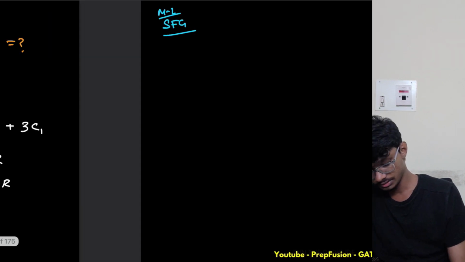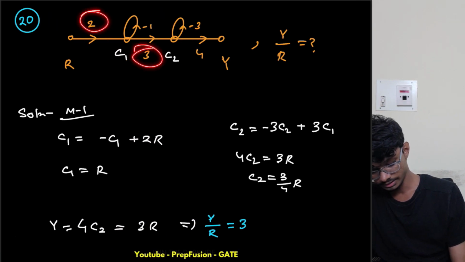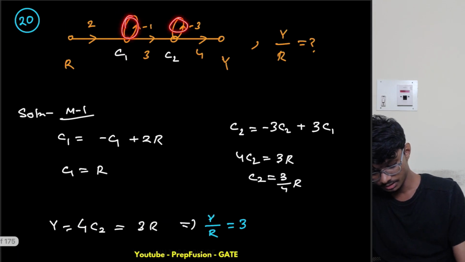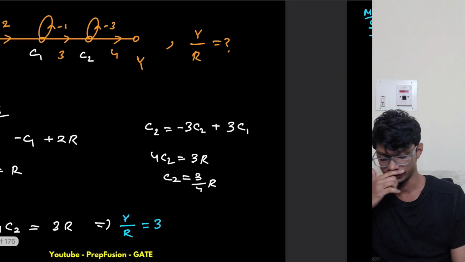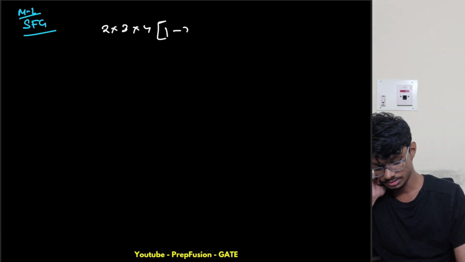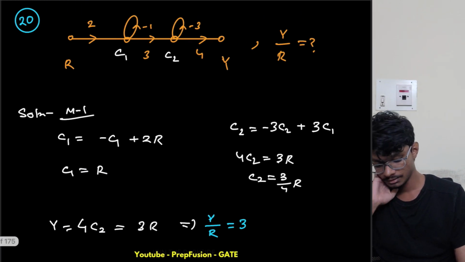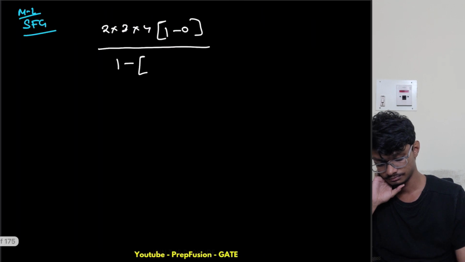So simply multiply these: 2 times 3 times 4. We have 2 loops, but the forward path is touching both of the loops, so this will be 1 minus 0 only. Then the loop gains are minus 1 and minus 3. So this is easy.